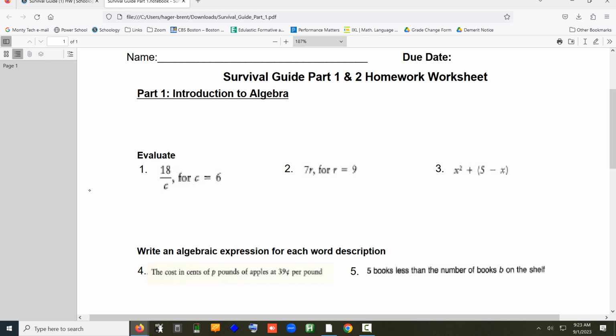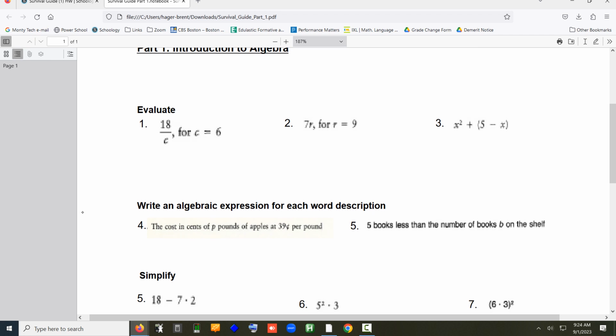Yep. So remember, evaluate means they're looking for an answer. Number 3, I'm not sure you could actually do that one because they didn't give you a number to plug in. That one was a little weird. I just put a random number. So sorry about that. Don't worry about number 3.